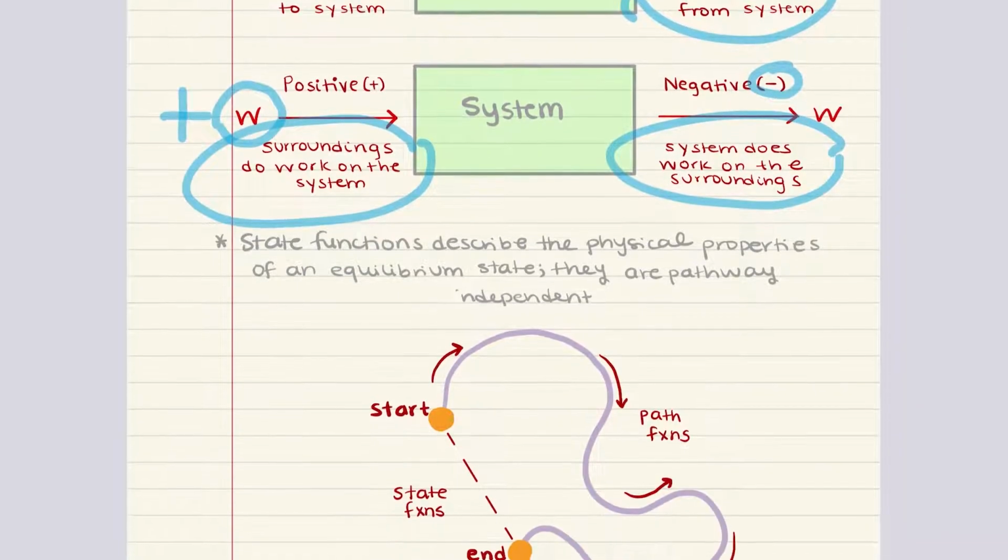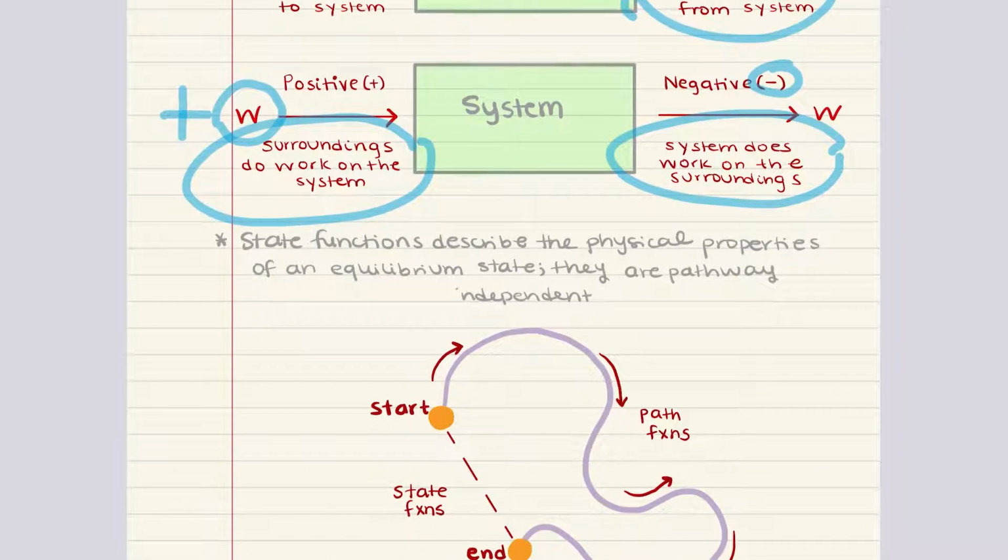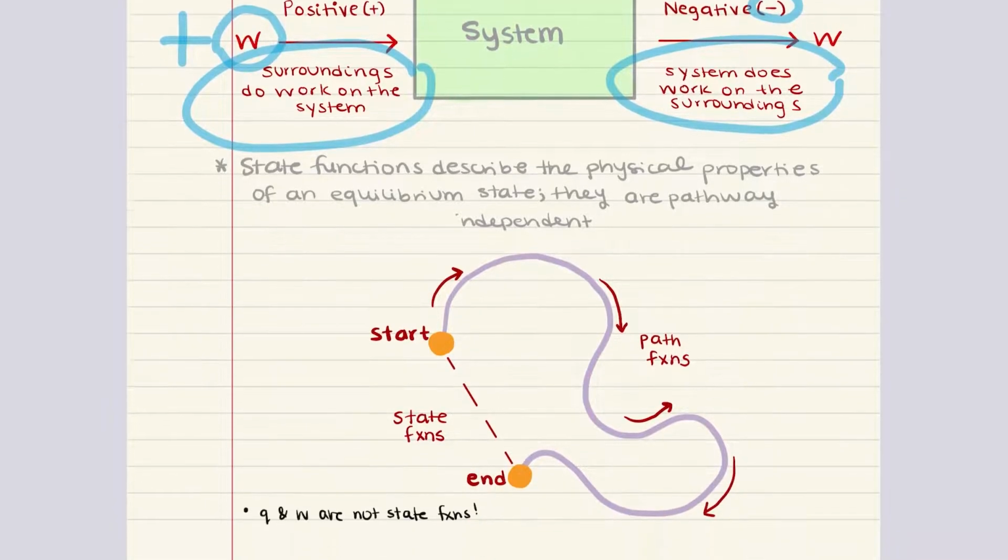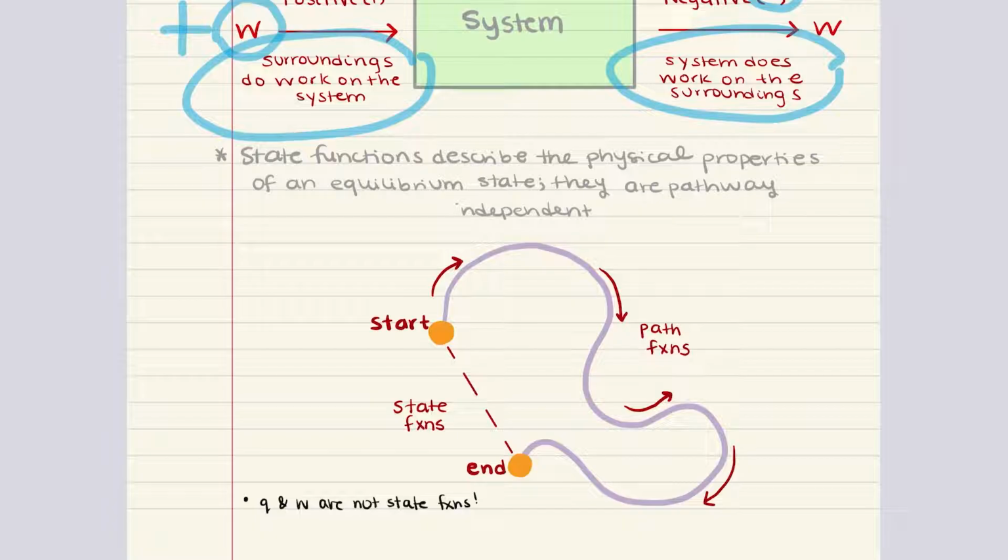All right, so far we've learned about energy, work, and heat. It's going to be important for us to pause for a second now and define state functions. A state function is a property of a system that's determined by specifying the state or condition of a system. A state function is independent of the history of the system.